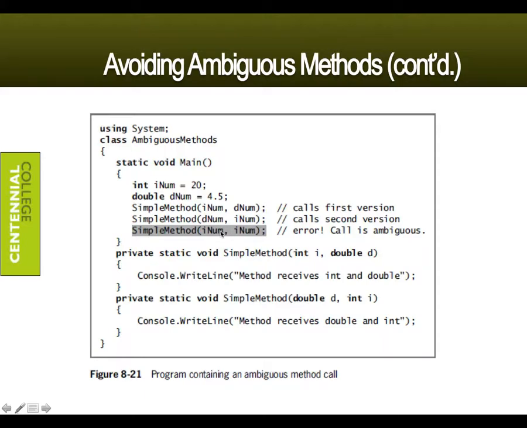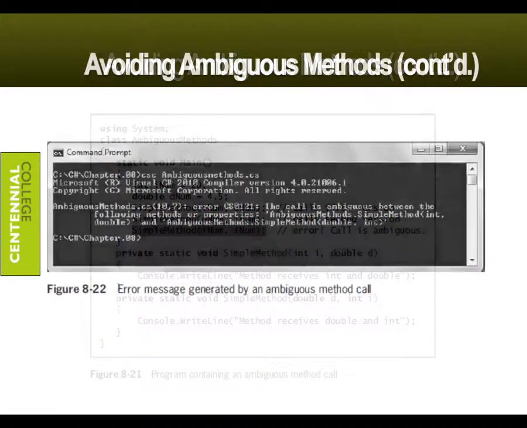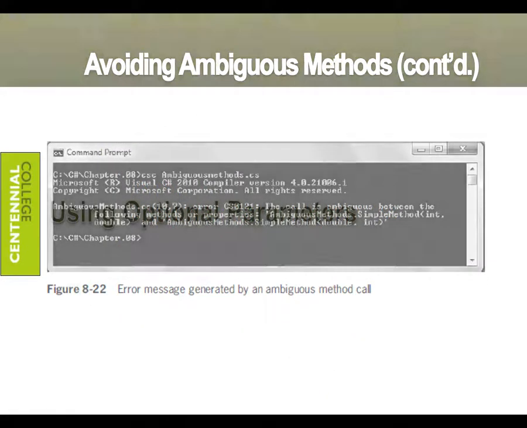So it's going to try and convert one or both of these variables to comply with one of these signatures. But since both signatures are equally valid, it doesn't know what to do, so it gives an error. It's called an ambiguous call. We want to avoid it, and that's why it gives us this error.